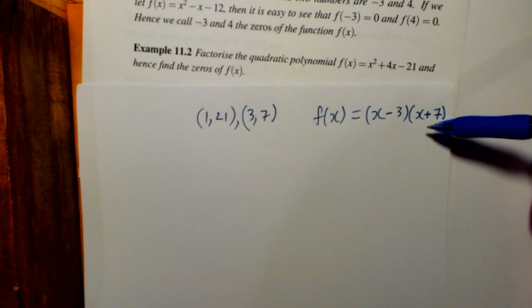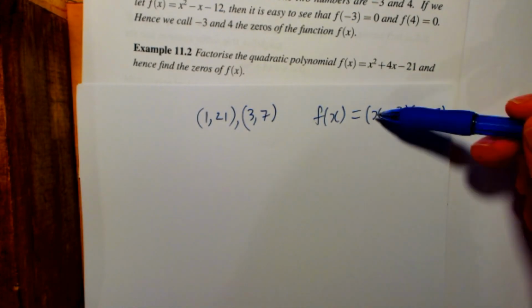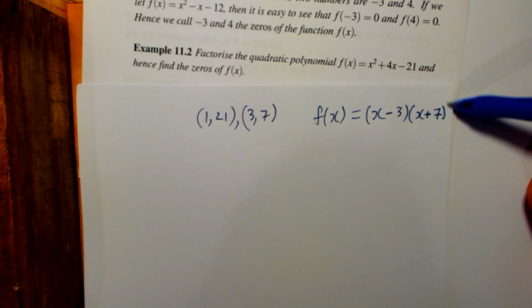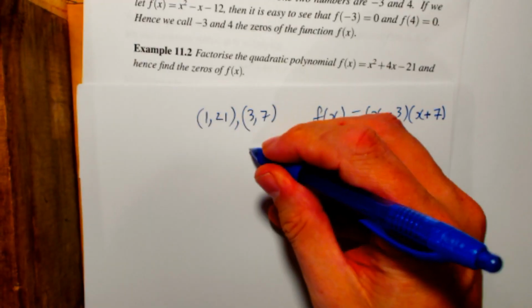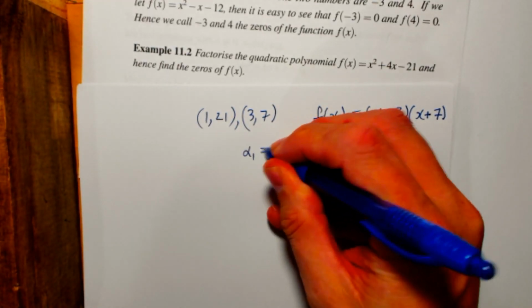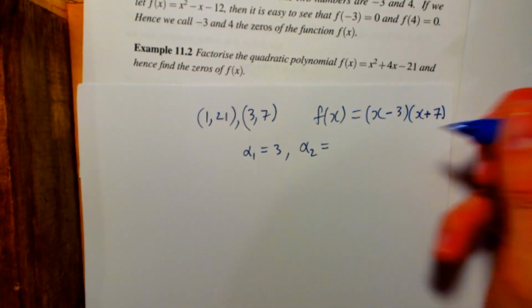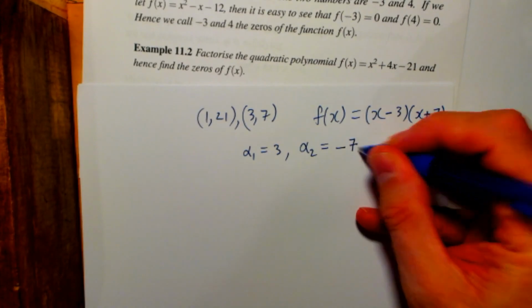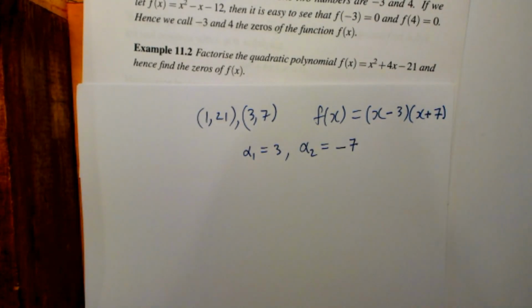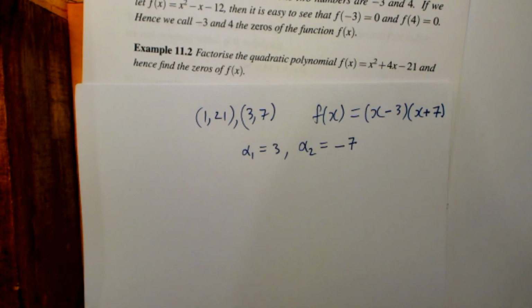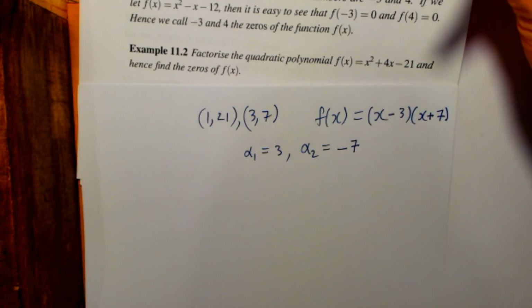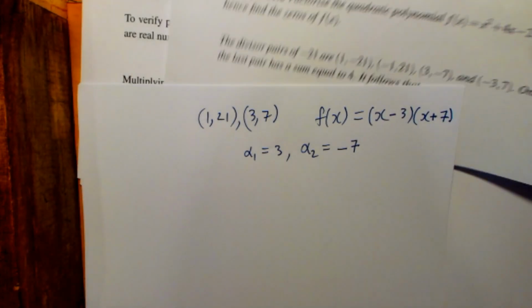Okay, so I have my two factors. Now the zeros are what make this 0 in both cases. So let's say alpha 1 is 3 and alpha 2 is minus 7. These are the zeros, or the roots, of that function. Okay, let's move on to the next page.